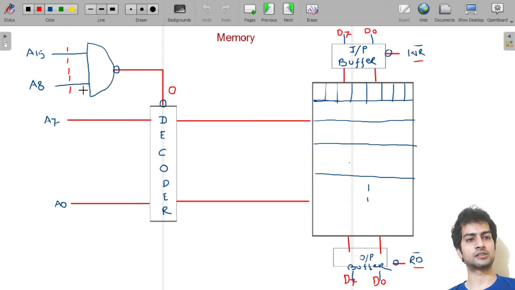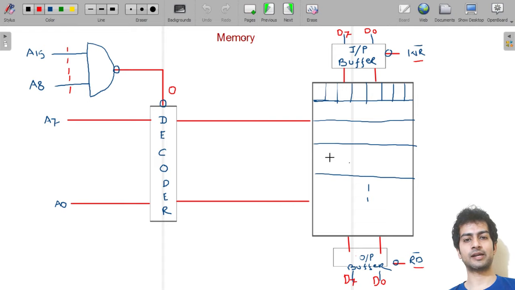The function of the higher order line is to energize or de-energize the decoder, and the function of the lower order line is to select memory locations. So how are we energizing and de-energizing? I told you it is A15 to A8 going into a NAND gate, so we require all 1s, then we will get 0 and it will get energized.